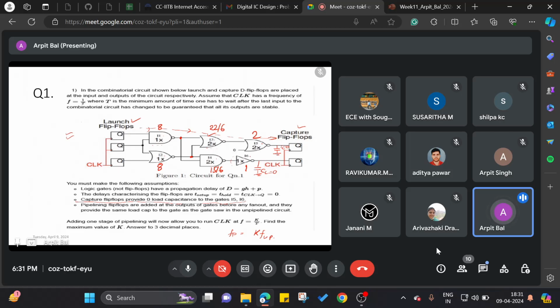Ideally, the pipeline stage should be placed somewhere close to 50% of the critical path delay. So now tell me, where do you think the appropriate place is that is close to 50% of the critical delay?